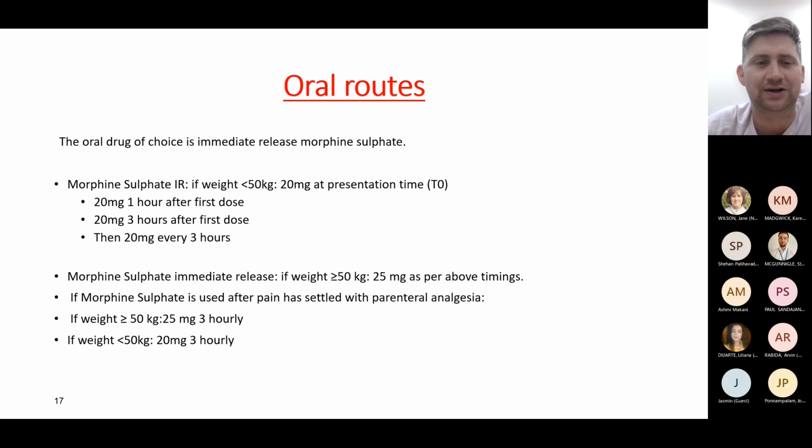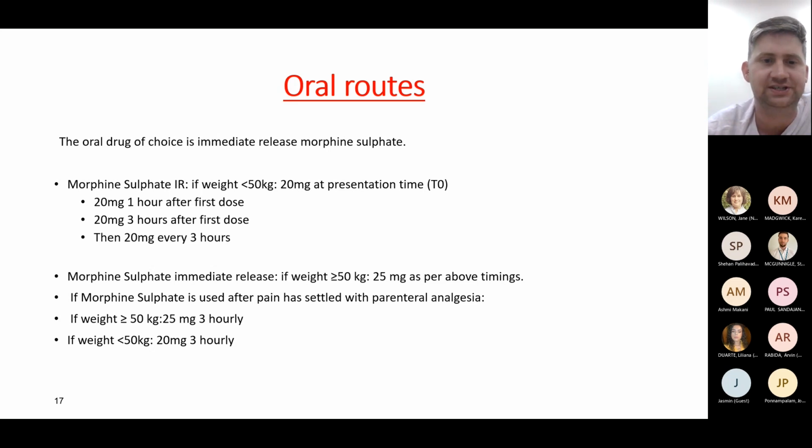As you can see here, 20 milligrams 1 hour after first dose, 20 milligrams 3 hours after first dose, and 20 milligrams every 3 hours. This could be Oramorph, it could be things like Sevredol, whichever brand or make you have in your hospital. If the weight's above or equal to 50 kilograms, we can give 25 milligrams as per the above timings.